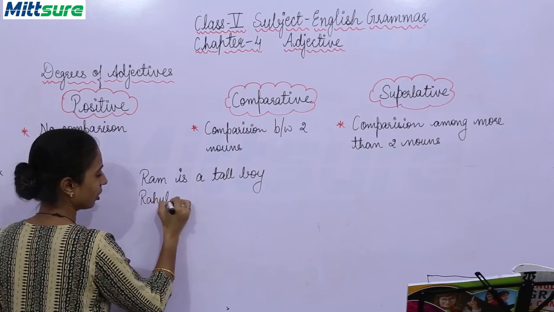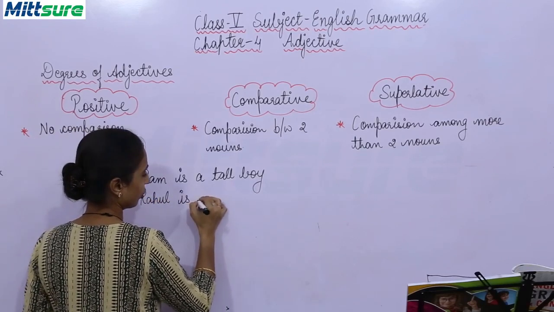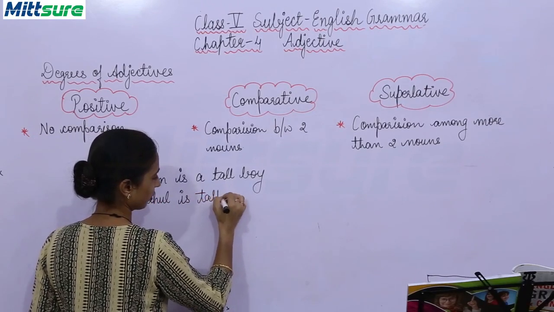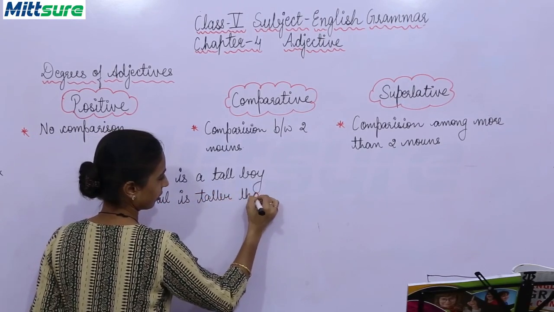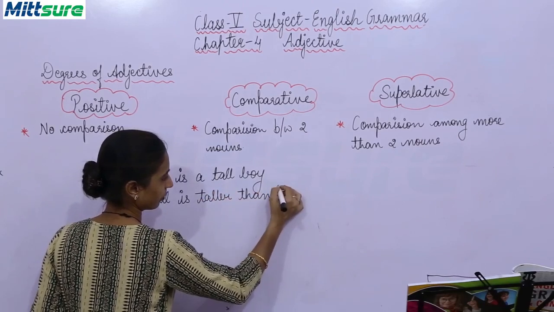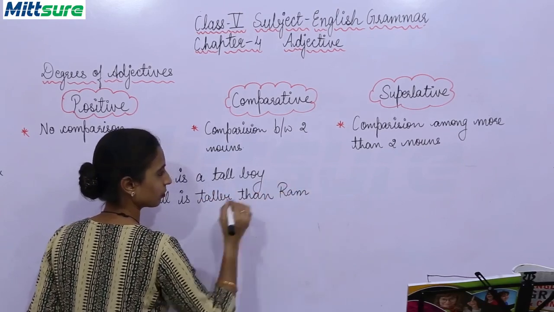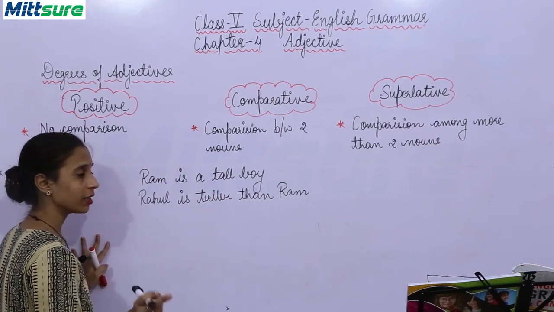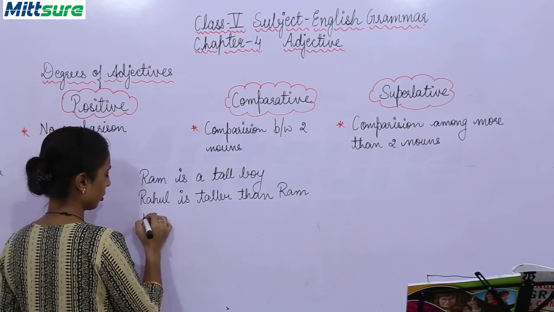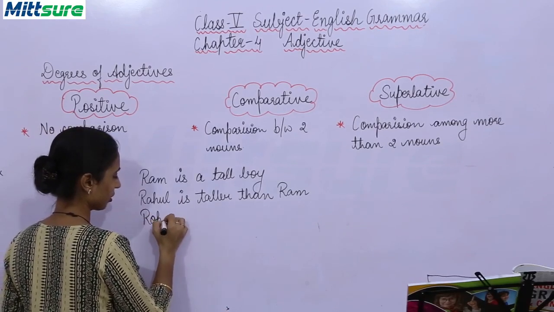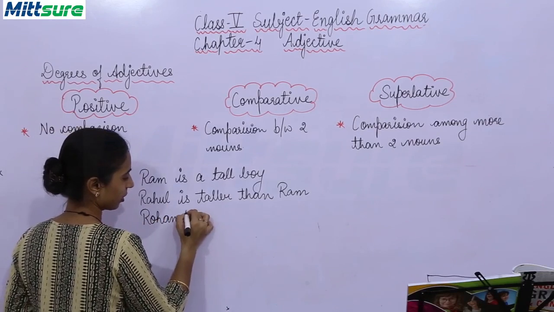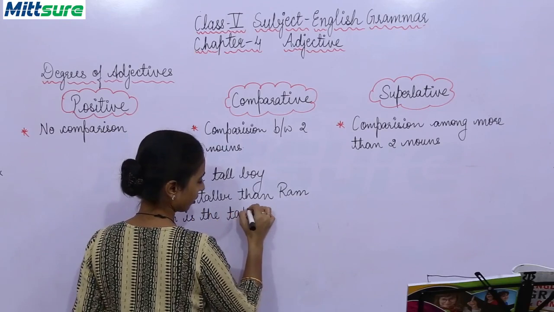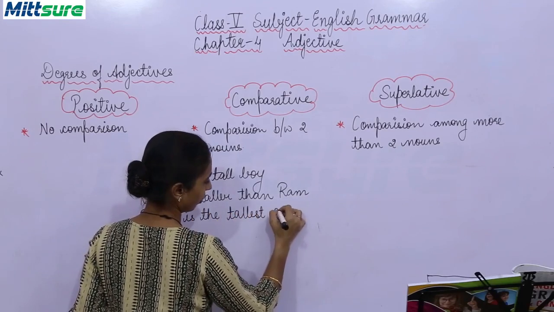Rahul is taller than Ram. Rohan is the tallest among all.